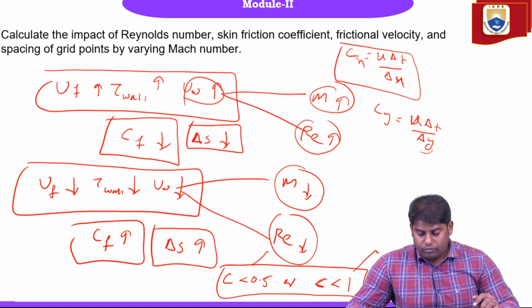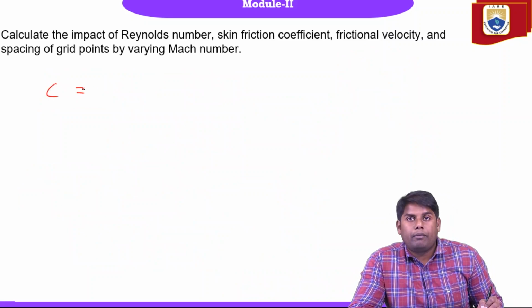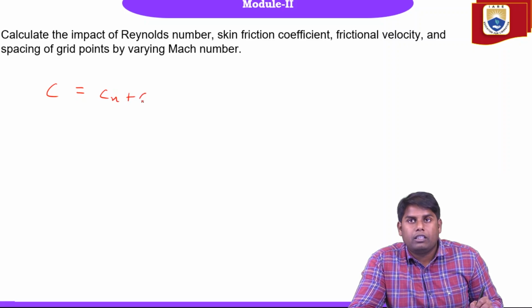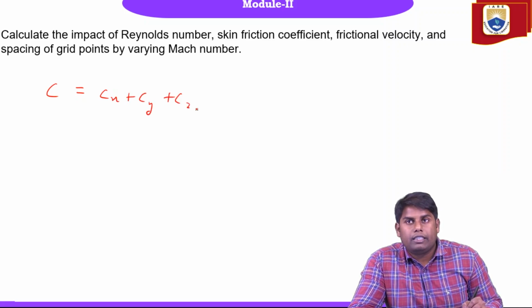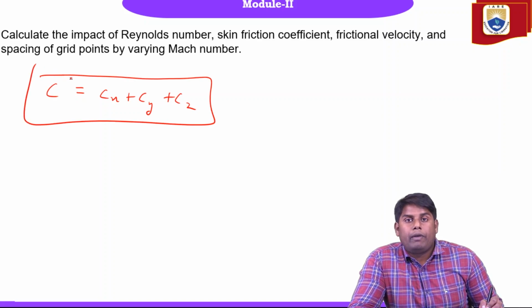Fine. So here the Courant number C is, let's say, Cx, Cy, Cz. This is for 3D.